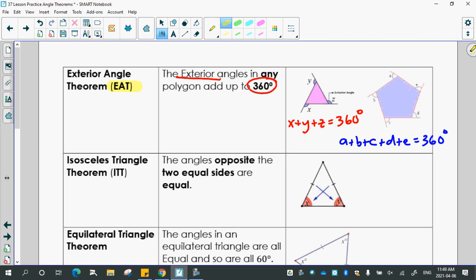Isosceles triangle theorem, ITT, says that the angles that are opposite to the two equal sides of an isosceles triangle are equal. So if these two sides are equal, then the angles opposite are also equal.